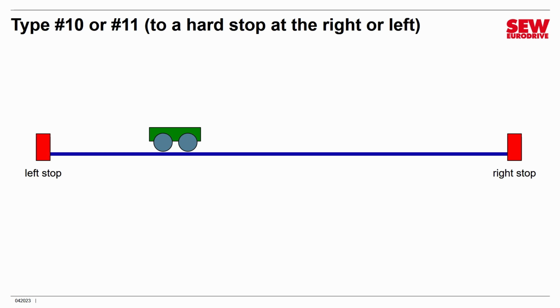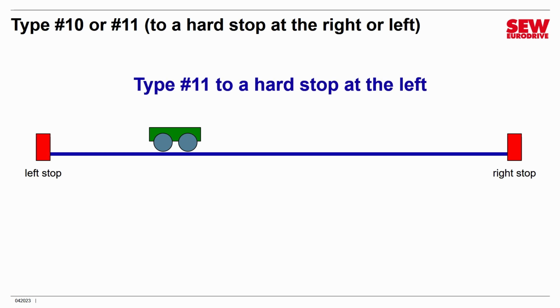And then there's type 10 or 11. This one was not found in earlier SEW products, but it's a brand new kind of mode. In this one, you move until you contact a hard stop, either on the right or the left side. And what happens when you jam yourself against the stop, the torque suddenly rises because you can't move. The VFD detects that, realizes it's pushed against the stop, halts the drive, and says it's referenced.